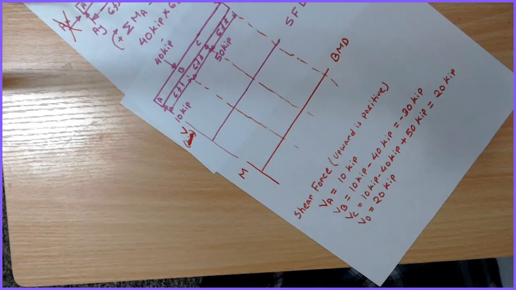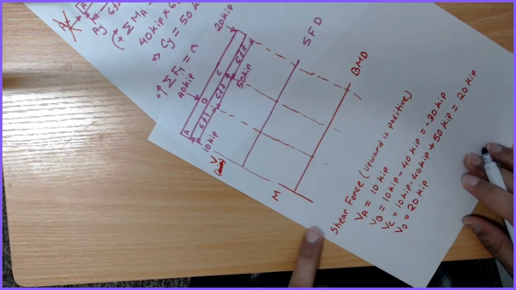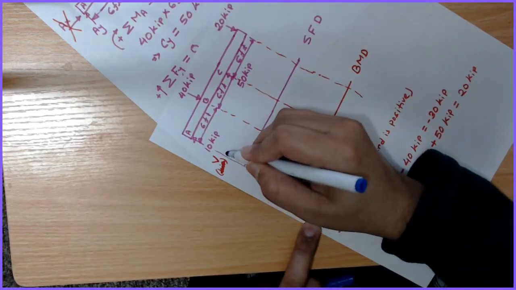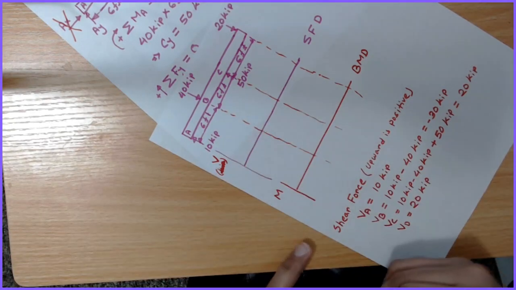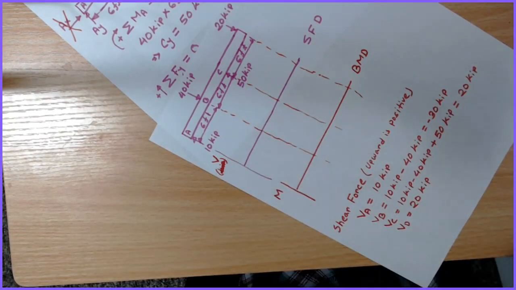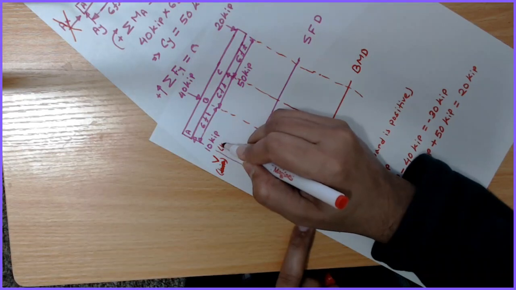Okay, if I draw my shear force diagram, and V, this unit is actually kips.